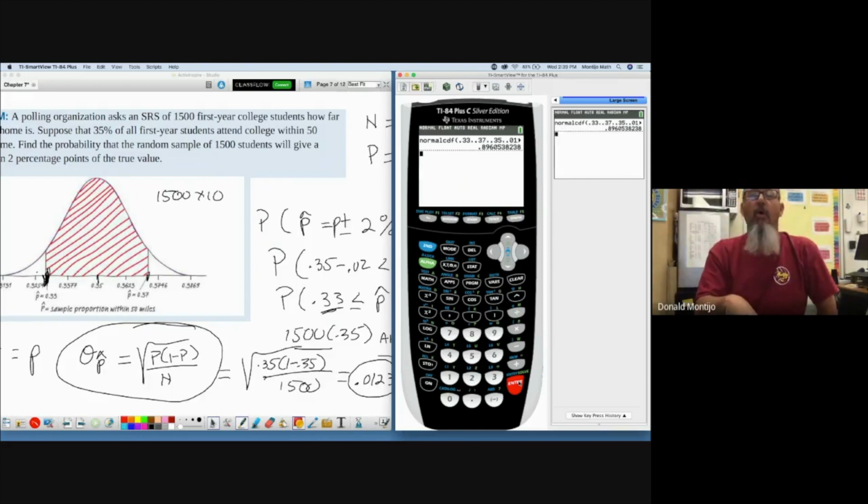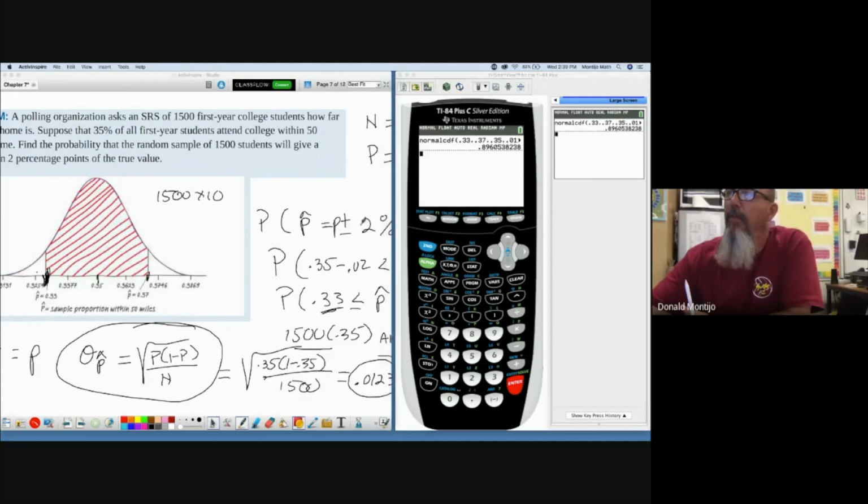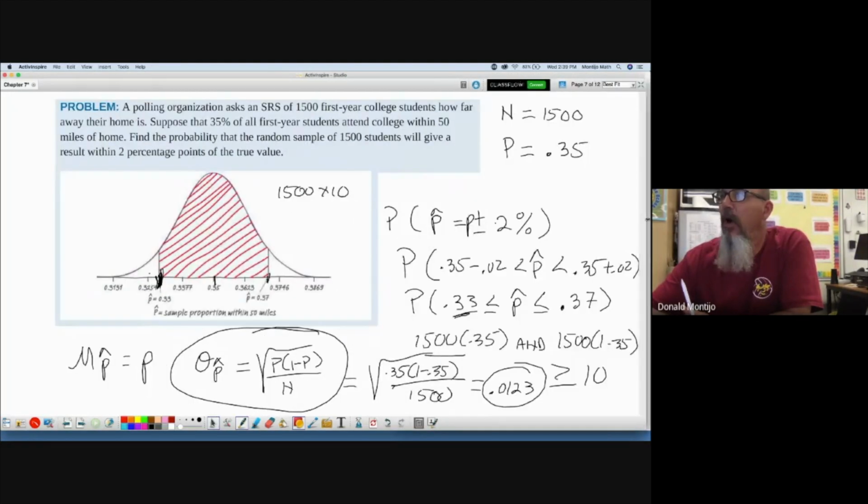Why is it normal? Are we allowed to use the standard deviation formula? That's what's new. How do we know that this is okay? The big ideas to remember here: the mean of p hat is equal to p, always.